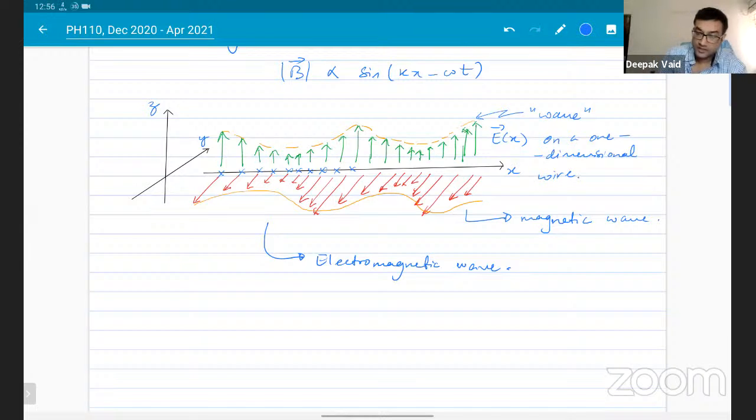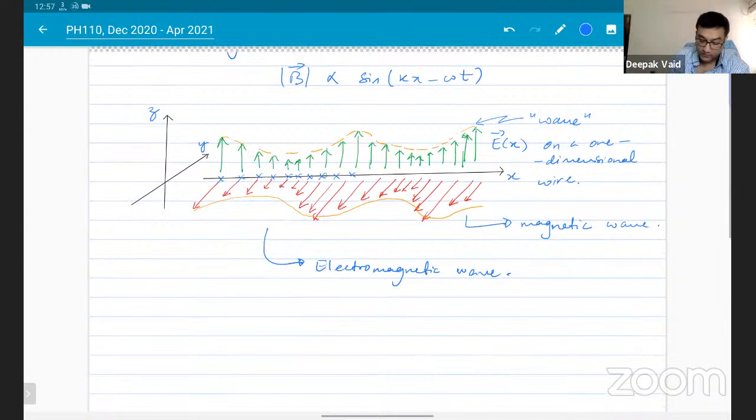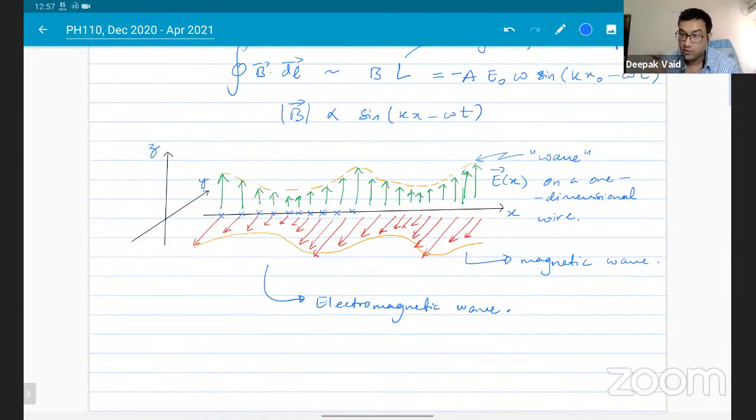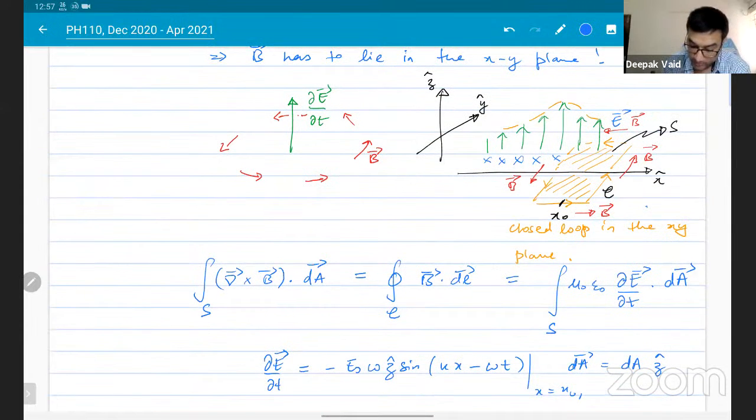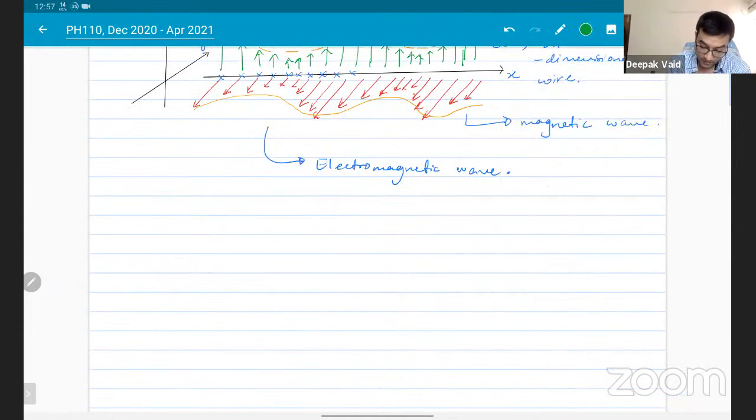And actually, there is a very simple way to understand why the magnetic field is only along the y-axis and not along the x-axis. If you want to understand that, what you can do is look at the electric field here at this point, and look at the electric field slightly away from this point, right?